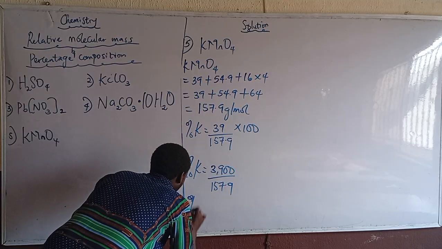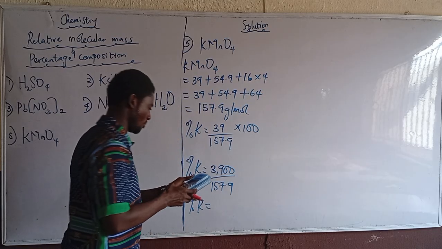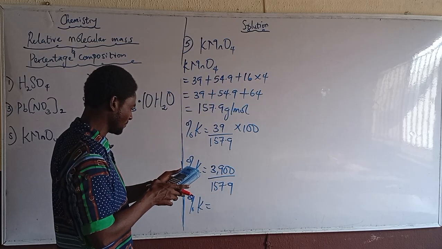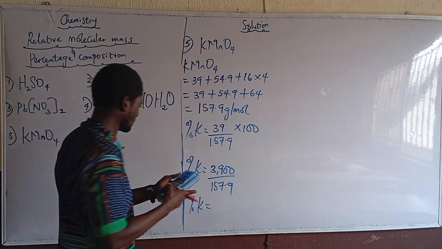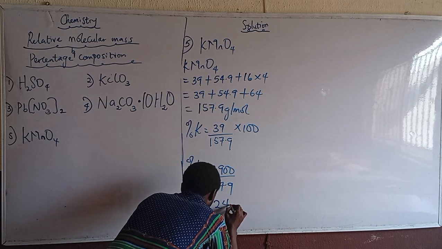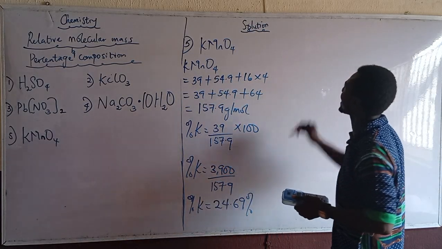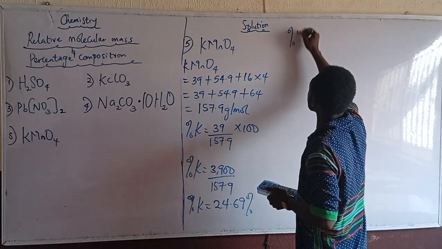So the percentage of potassium becomes 24.69%.